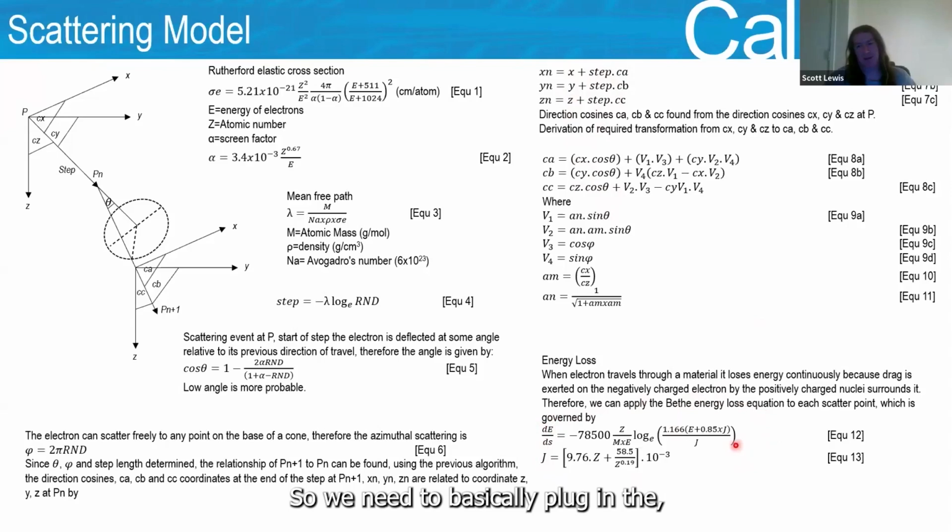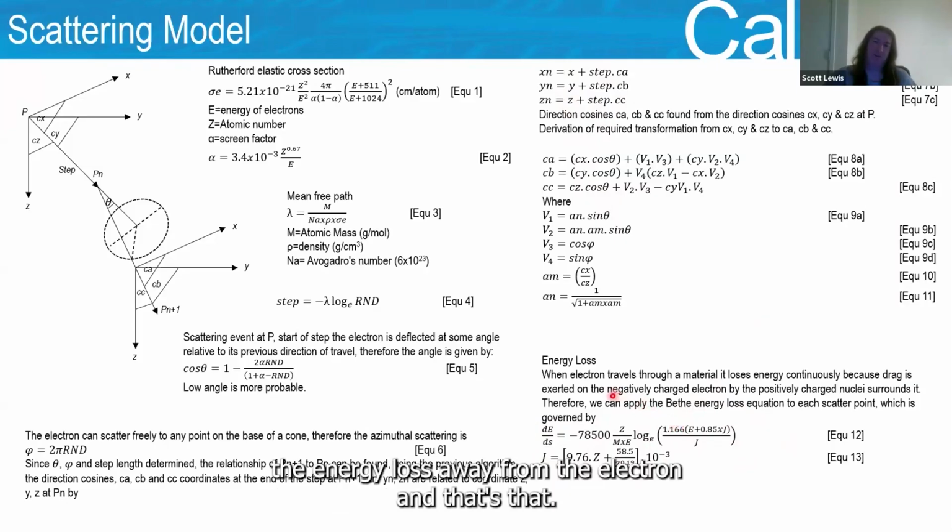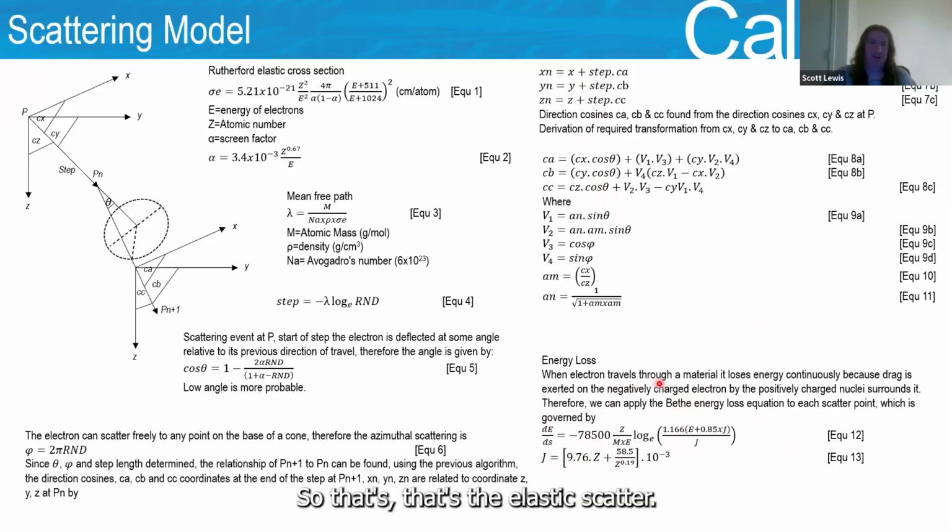So we need to basically plug in the numbers into this, and then we can strip the energy loss away from the electron, and that's that. So that's the elastic scatter, and then what we do then is repeat this.